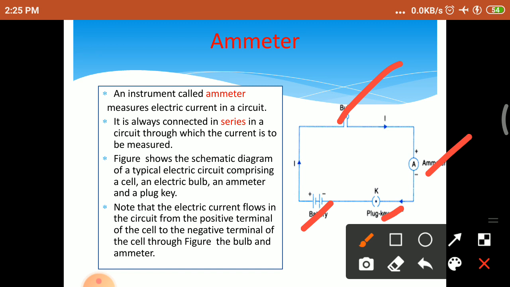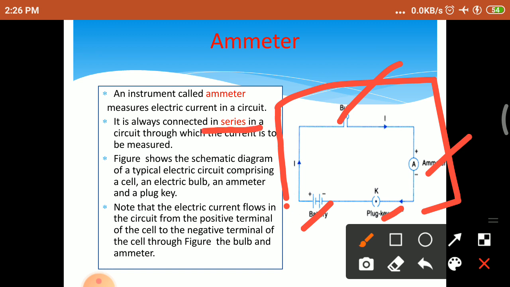And see the current direction is positive to negative. So the ammeter is used to measure the electric current in the circuit. And this word is very important: this ammeter must always be connected in series.